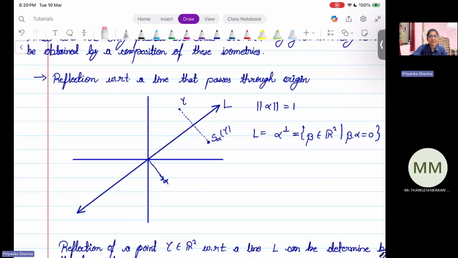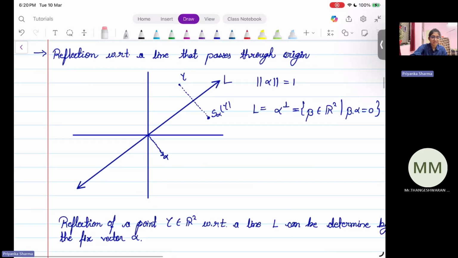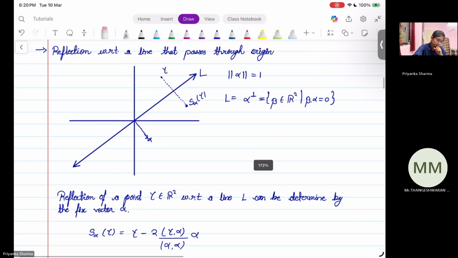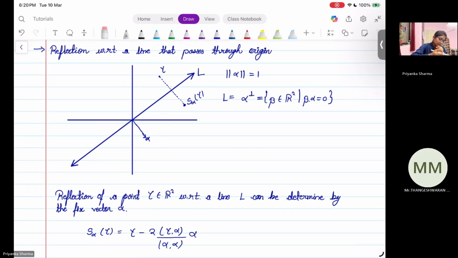So what is reflection with respect to a line that passes through origin? So this is XY plane, and this is a line, say L, and how do we define reflection with respect to this line? This line L can be written like this.